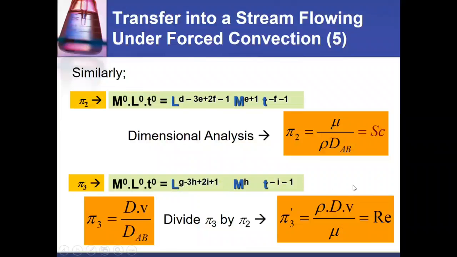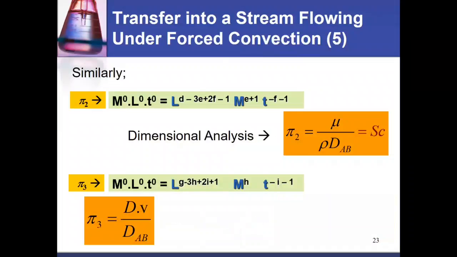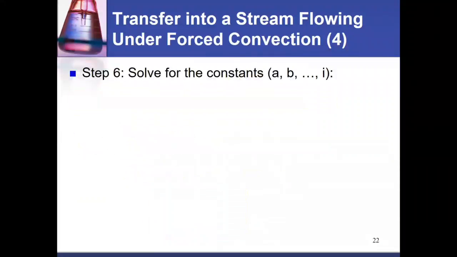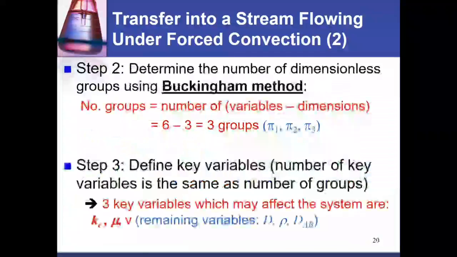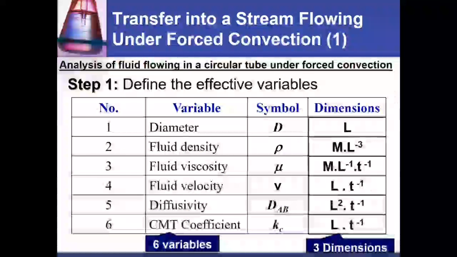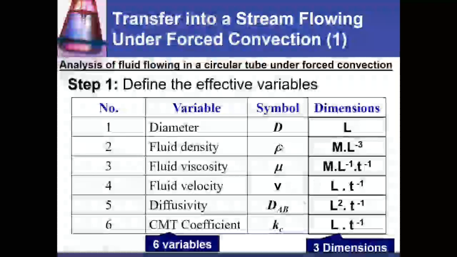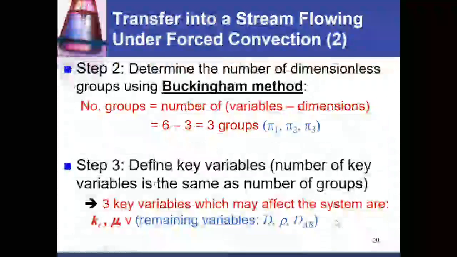If you come to a number that is not common, you can do some rearrangement to get a common number. Student: Doctor, so this is like a derivation of how we found Reynolds and the Schmidt number, right? This is based on the dimensional analysis. We have these variables and these are their dimensions.